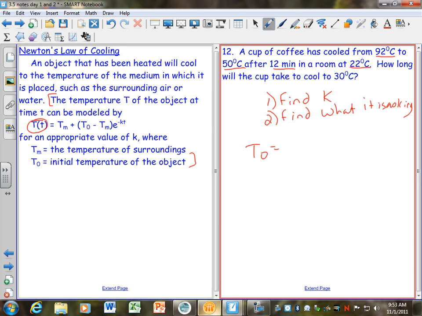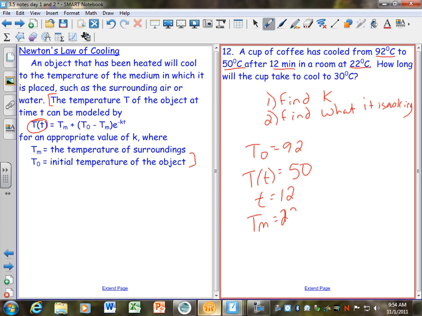The initial value. What does 50 degrees Celsius represent? Yeah, the ending value. They tell us, so T of t is 50. What does 12 minutes represent? The time, t is 12. At 22 degrees Celsius, what does that represent?